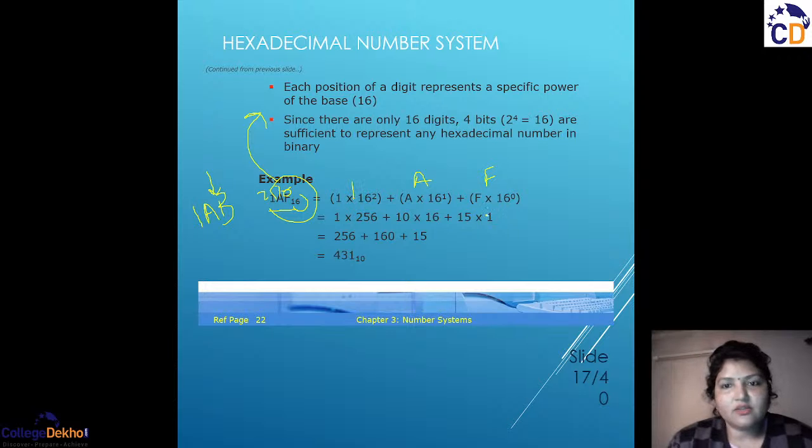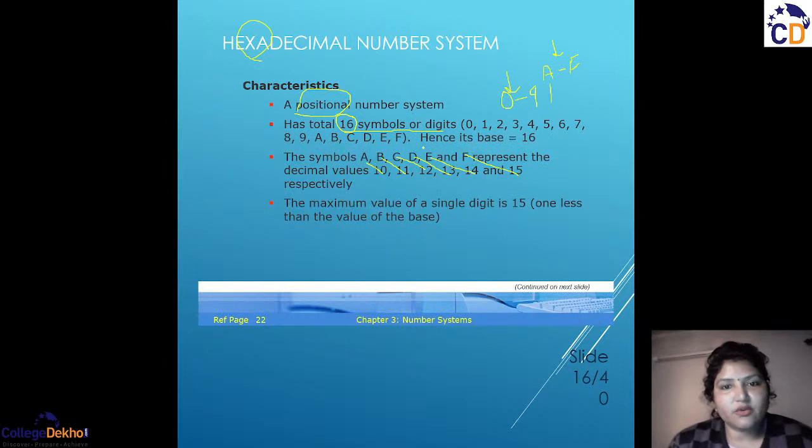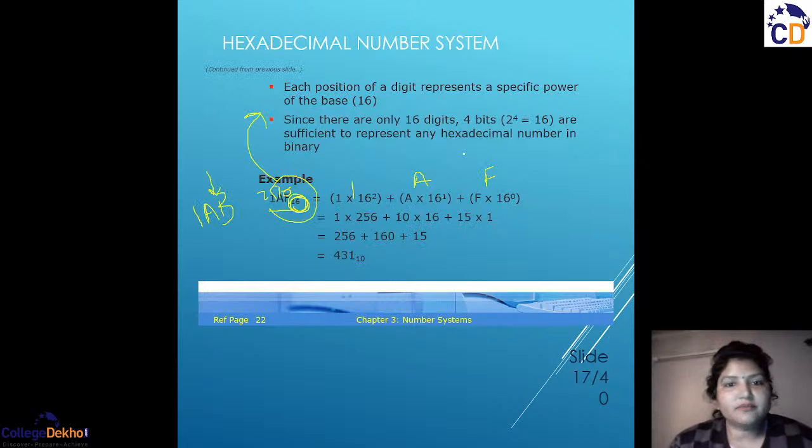Because it's a hexadecimal number, we are following base 16. Everybody should follow this thing. The maximum value of a single digit would be F, because the last alphabet would be F. Right? So here we have 1 A F.